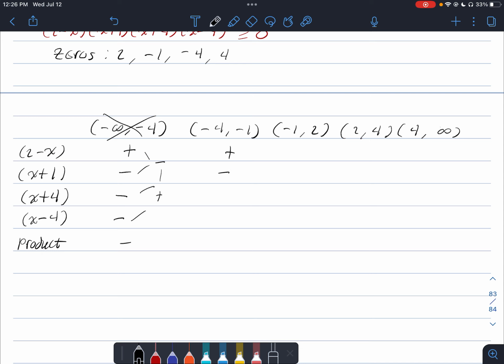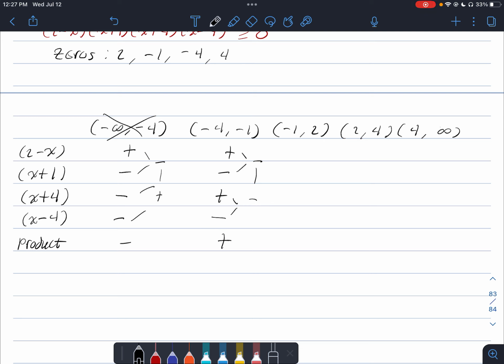Negative 2 plus 4, that's going to be positive 2, so positive. And then negative 2 minus 4 again, that'll obviously be negative. So here we have a negative times a positive is a negative number. We have another negative times a positive. That's another negative number. But now we have two negative numbers multiplied together, which gives us a positive number.